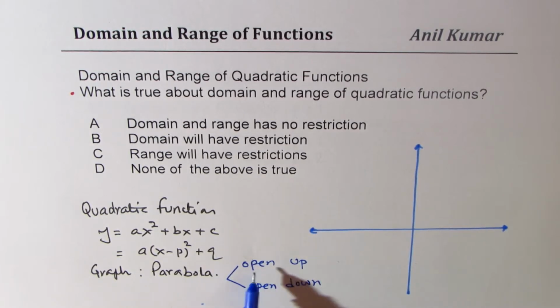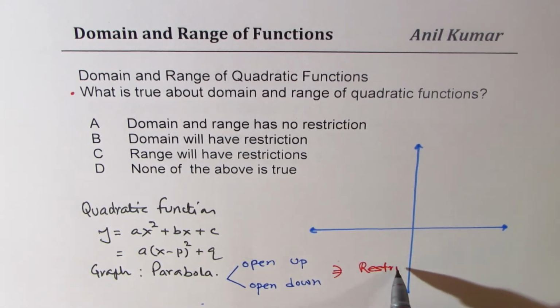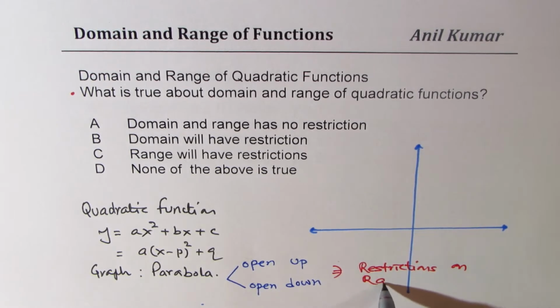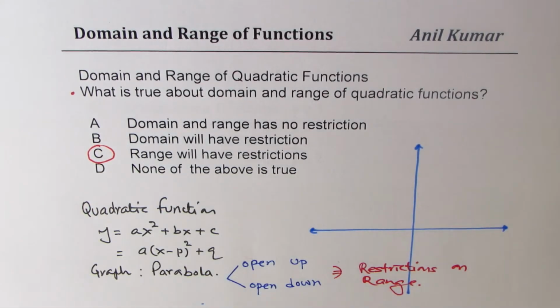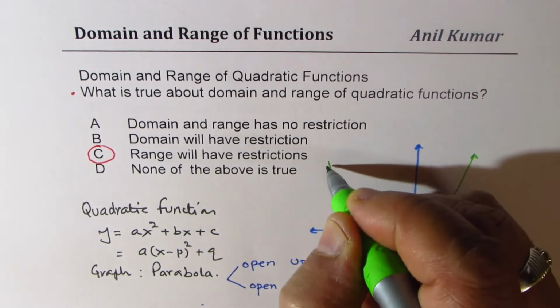Depending on whether the graph opens up or down, we have restrictions on range. So the answer here is that range will have restrictions. You could have a parabola opening upwards, like this, for example.